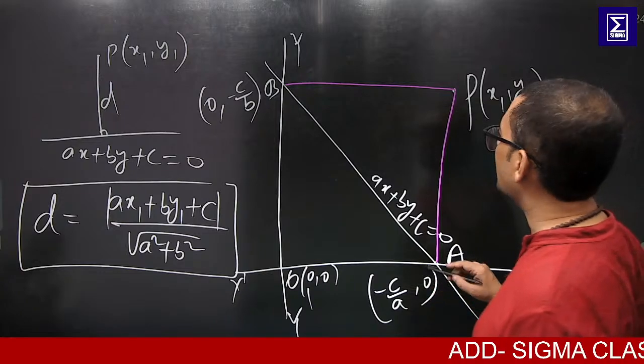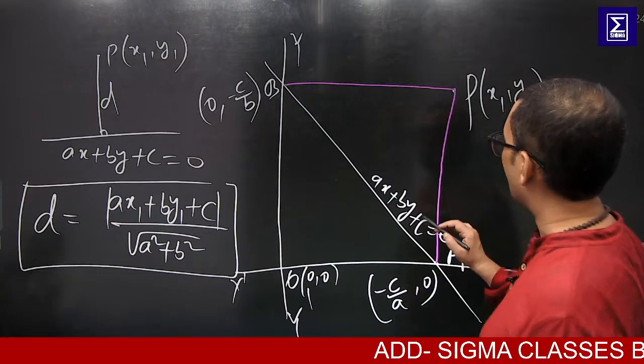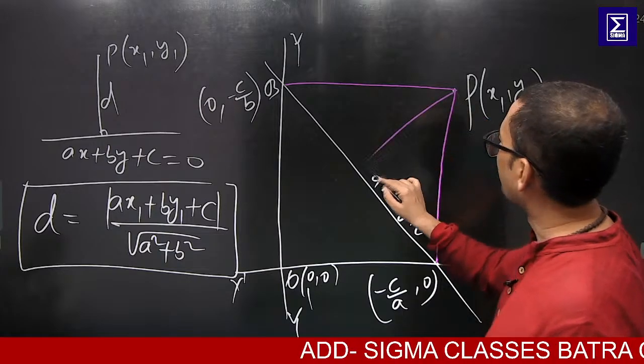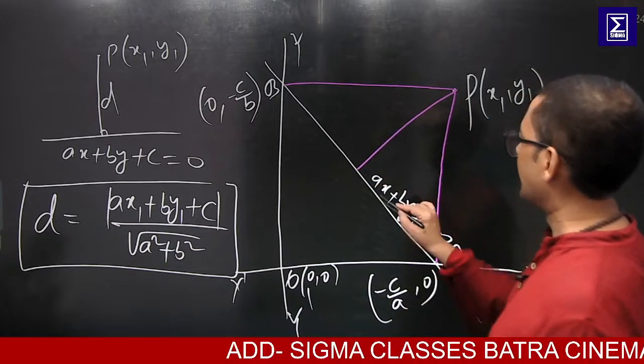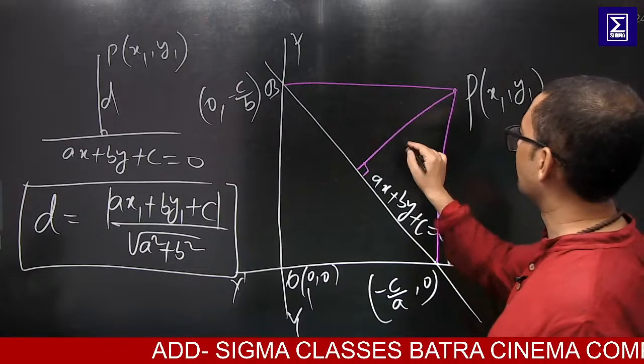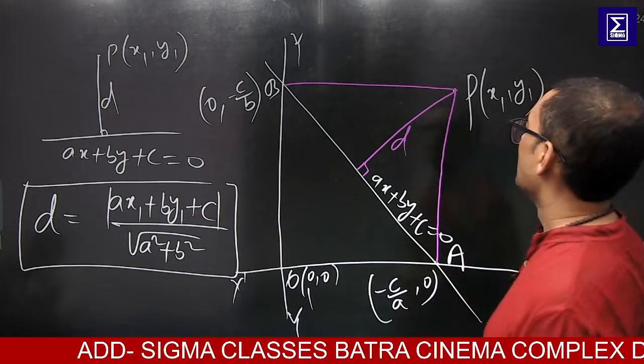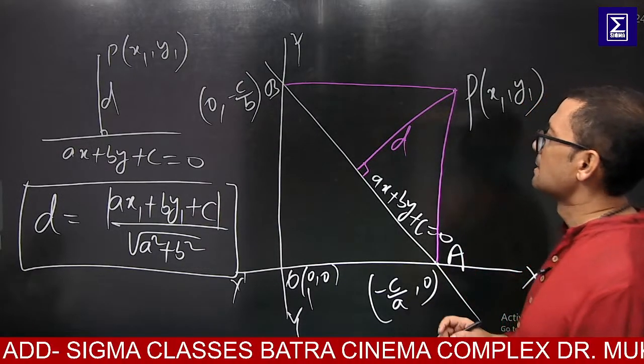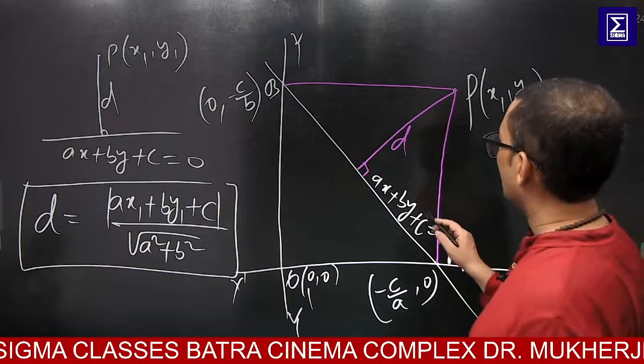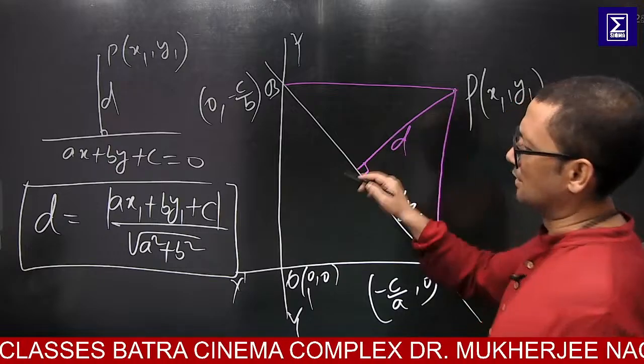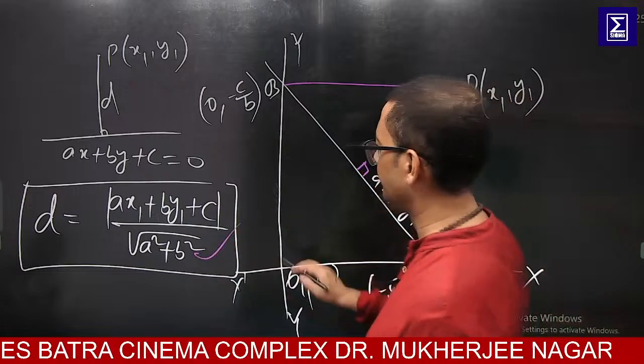Draw a perpendicular from P on the straight line. Let the length of this be D. So we have to find this length D in terms of this formula.